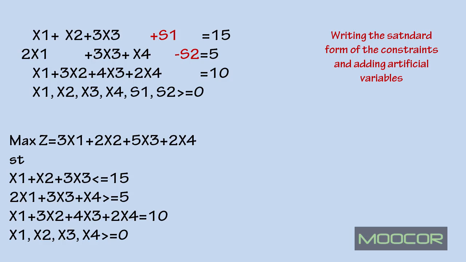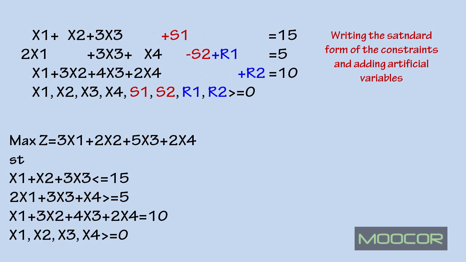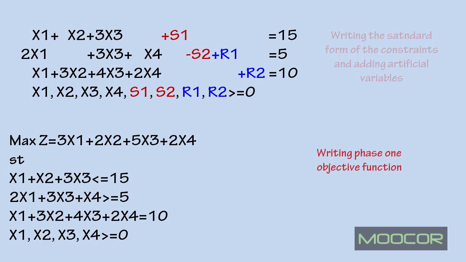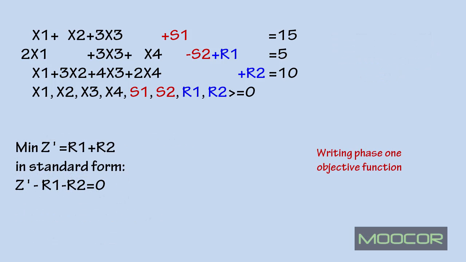We will add artificial variables to this set, and now we have 2 artificial variables. So we will write the phase 1 objective function, which is minimization of the sum of all artificial variables used, in this case 2 artificial variables.